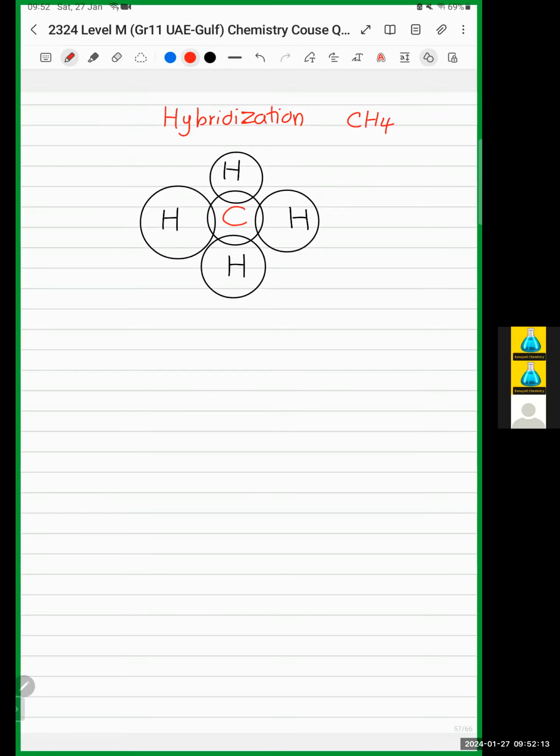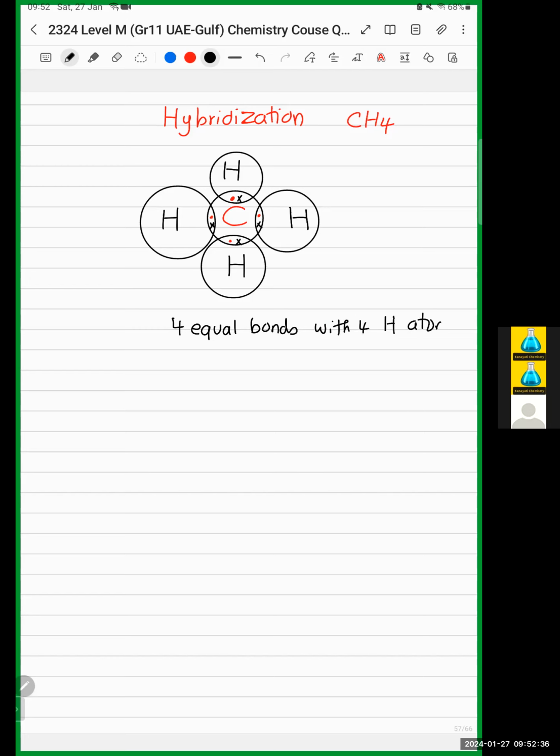So it will make 1 electron here, 1 here, 1 here, 1 here. So 4 electrons. And the hydrogen will make, with its 1 electron, 1 bond.